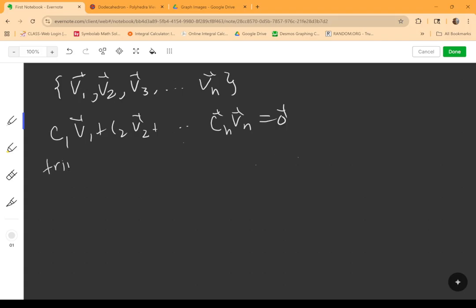We know we have a trivial solution, that is c1, c2, up to c sub n equal to 0. So that always works.